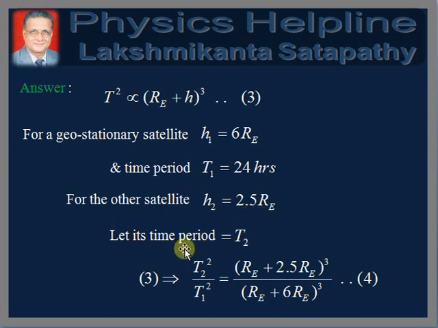Let the time period of the second satellite be T2. We are required to find the value of T2. Using equation 3, we get T2 square divided by T1 square is equal to RE plus 2.5 RE whole cubed divided by RE plus 6 RE whole cubed.